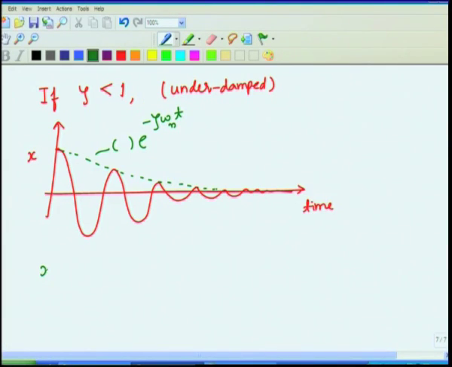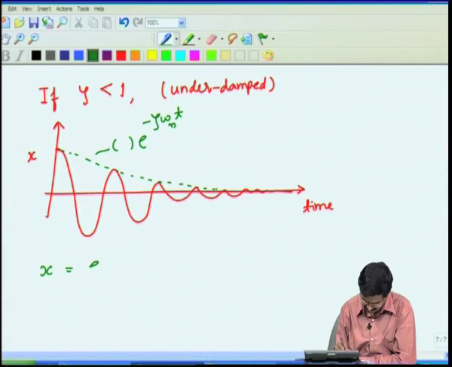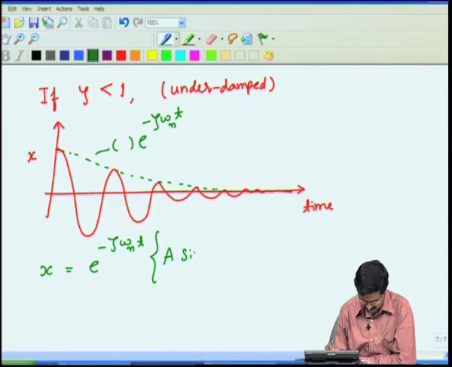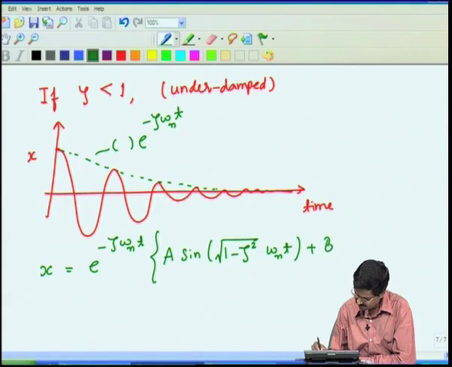We get x to be e raised to minus zeta omega n t times a sine of square root of 1 minus zeta square times omega n t, plus b cosine of square root of 1 minus zeta square omega n t.